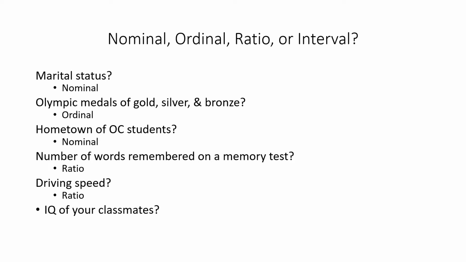How about IQ of your classmates? Think about that one for a minute. 100 IQ is average. Standard deviations of 15 means 68% of people are between an 85 and 115 IQ. About 92% are between 70 and 130.